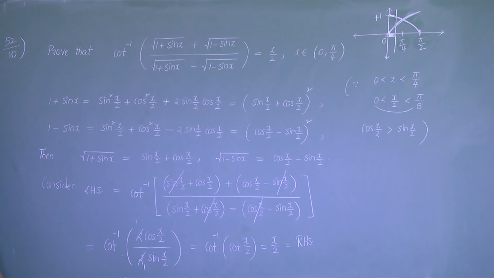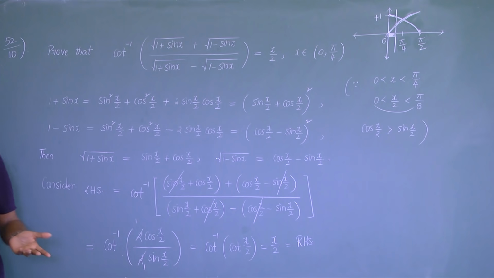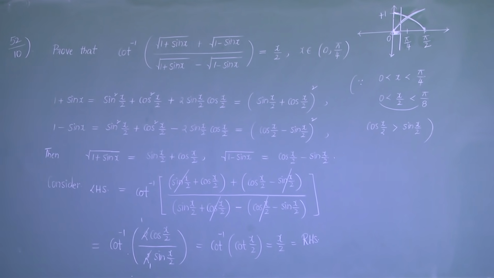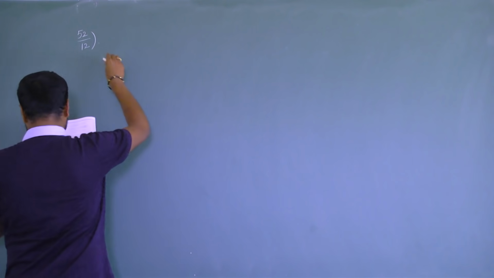Again, the same point I am repeating. After that, in the last conclusion step, we need to write LHS equals RHS, whatever is given in the problem. Page number 52, 12th question.